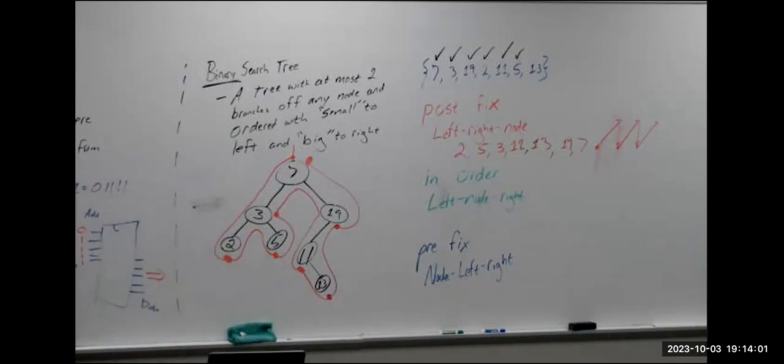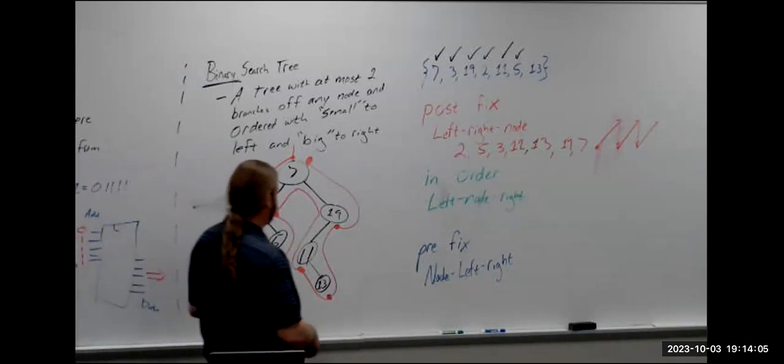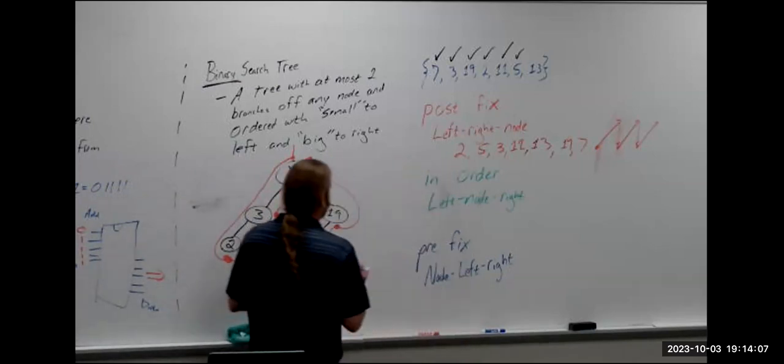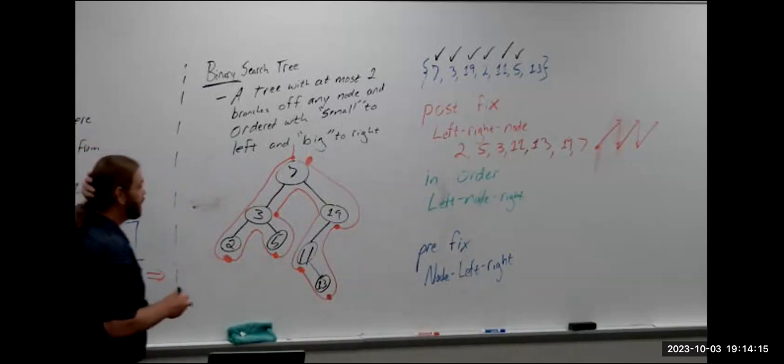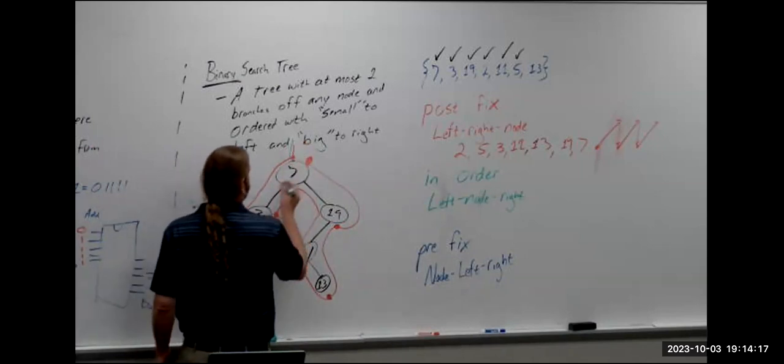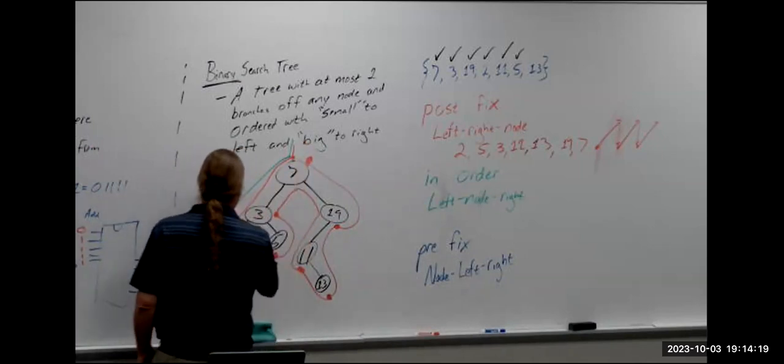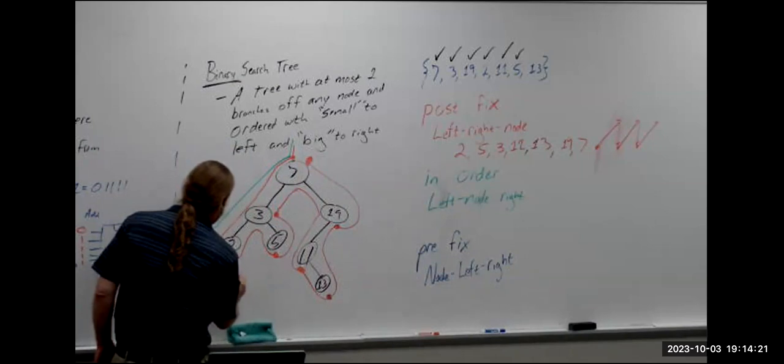So in order, these two pictures will go quicker if I can remember where I left the other markers. There it is. In order, we go left as far as we can. Then we go back and grab the nodes that we pass, and then we go to the right. So we come into the root. We can go to the left, so we grab a 2.